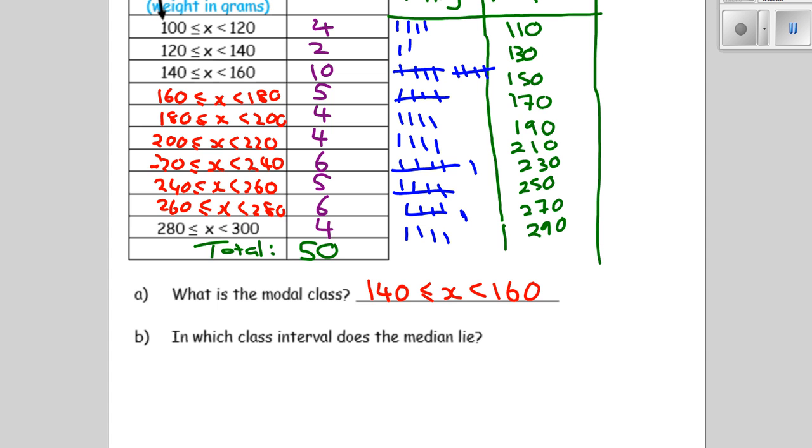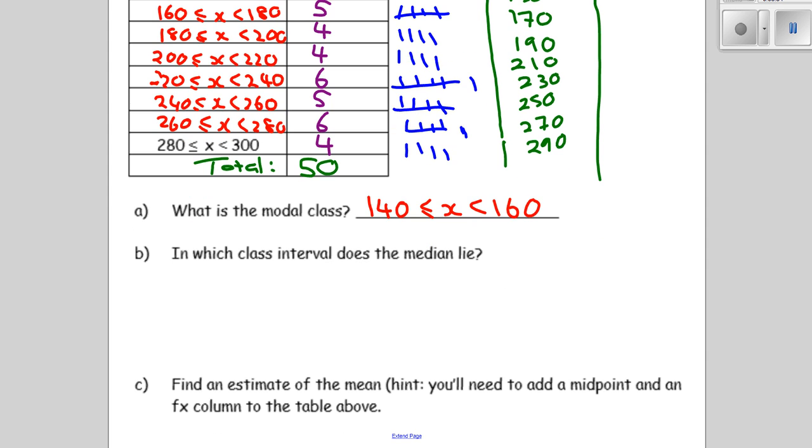To find the median, we'd better use that the position equals n plus 1 over 2. What do you use instead? Why don't we get it?